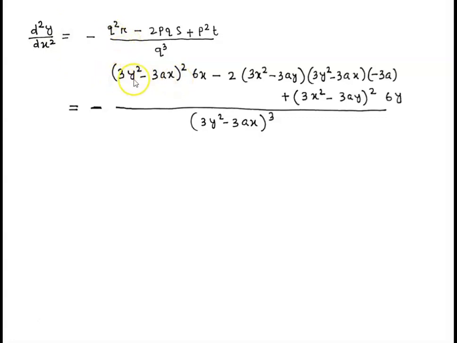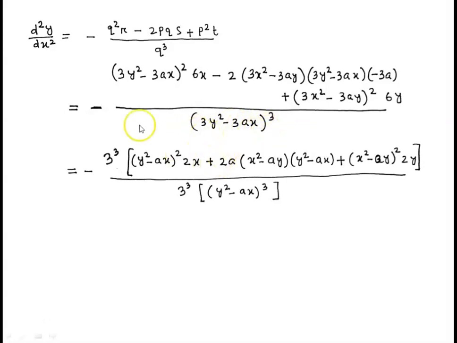So we have 3y square minus 3ax whole square into r, which is 6x, minus 2 into p, which is 3x square minus 3ay, into q, which is 3y square minus 3ax, into s, which is minus 3a, plus p square, our p is 3x square minus 3ay whole square, into t, which is 6y, divided by q raised to the power of 3, and our q is 3y square minus 3ax.